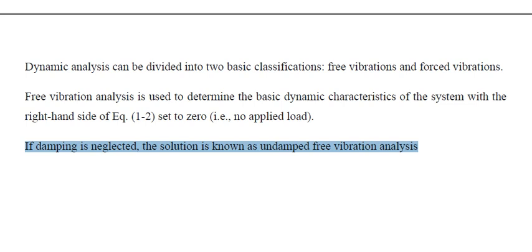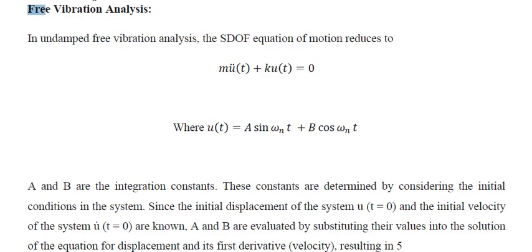Also, sometimes it is possible that c u dot of t, that is the damping force, is neglected. That is undamped vibration, where there is no resistance for vibration. Now, what is free vibration analysis?